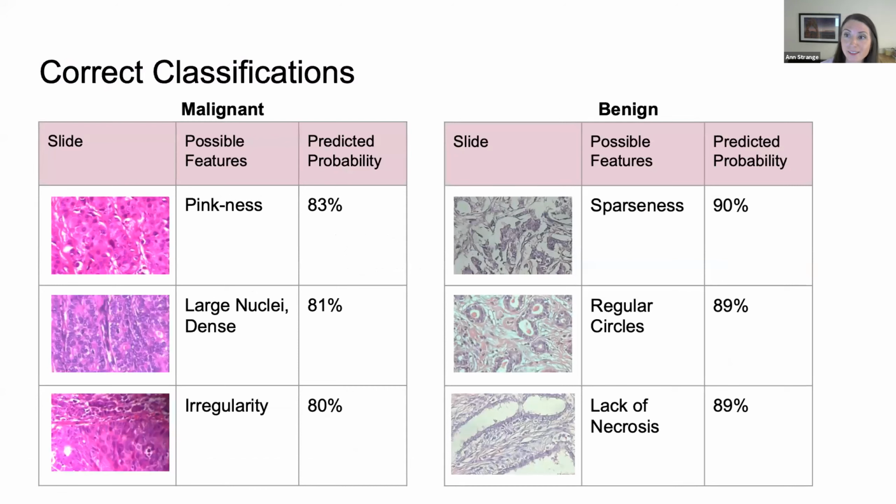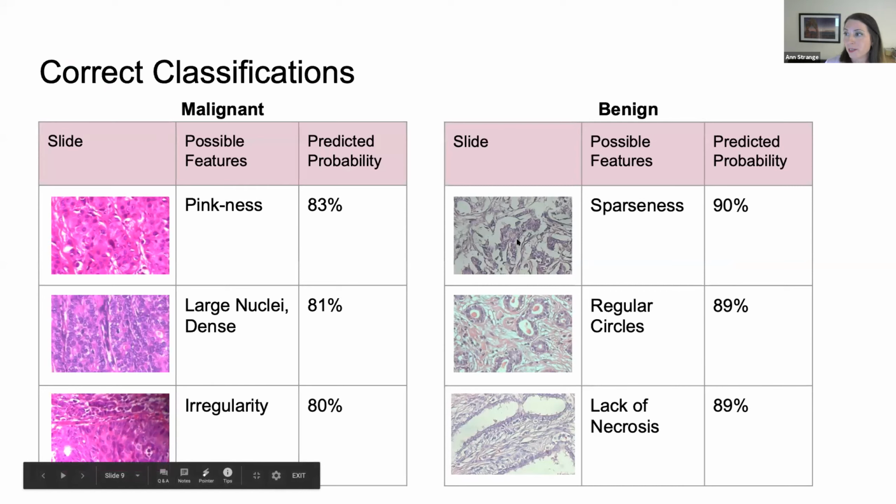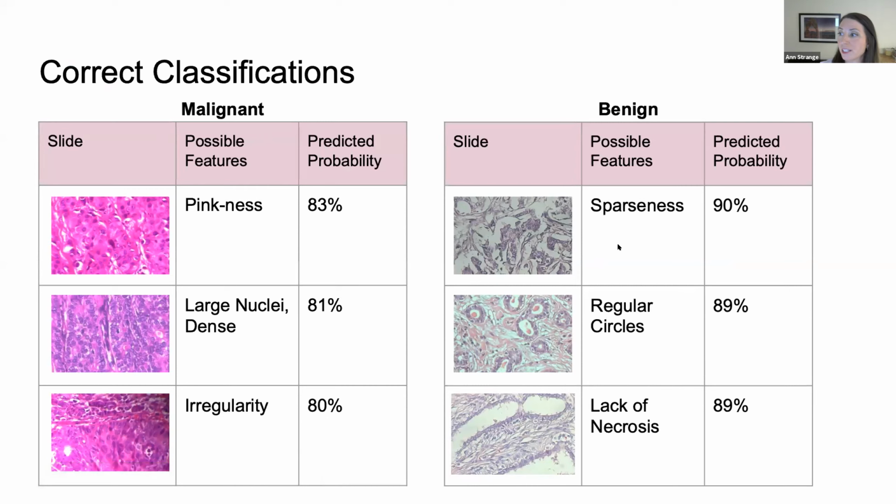Let's take a look at some classifications from the model. We have on the left the malignant cases that were properly classified. And we do see the patterns we were talking about with large, dense cell structures, irregularity, and aggressiveness. On the benign side, we have what we expected, some sparseness and regular circles.